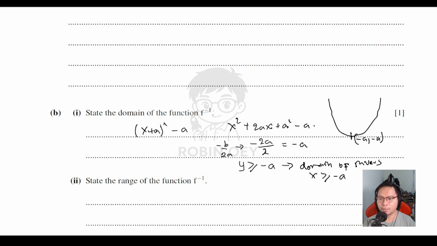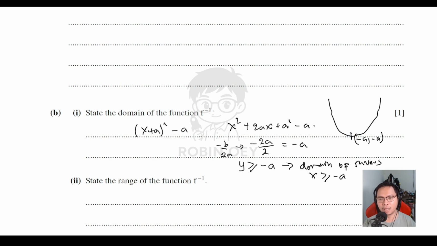So the turning point is negative a, comma negative a. Since the coefficient of x squared is positive, the parabola opens up, so negative a is the minimum value.